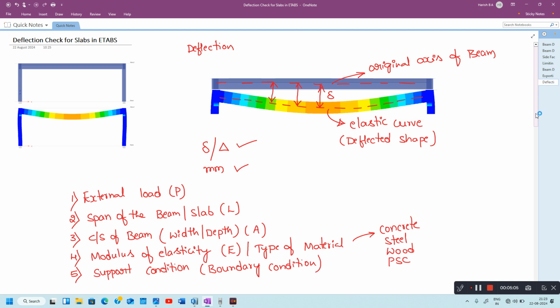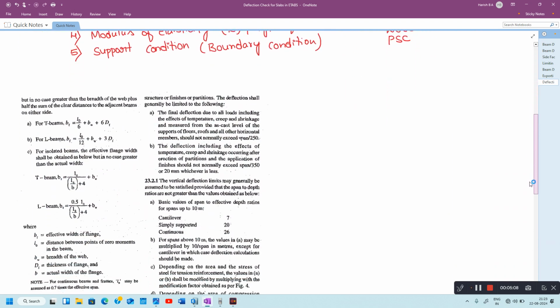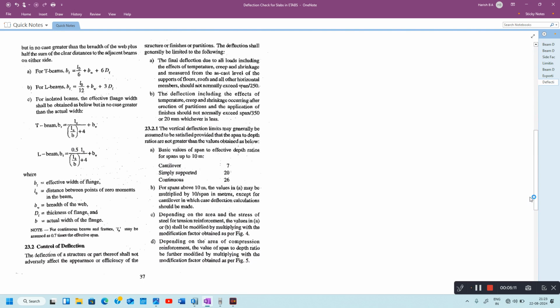In the next, let me see IS 456 2000, clause number 23.2, page number 37. The two clauses mentioned in IS 456 2000 provide guidelines for controlling deflection.